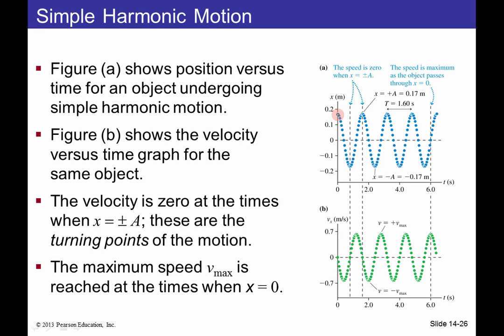Notice that here I have a maximum position, and at the same time the velocity is zero. At this point I have maximum velocity, and the position is zero. So the velocity is zero when the position is maximum, and the speed is maximum when the position is zero.